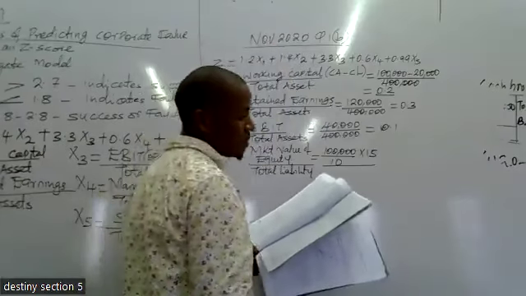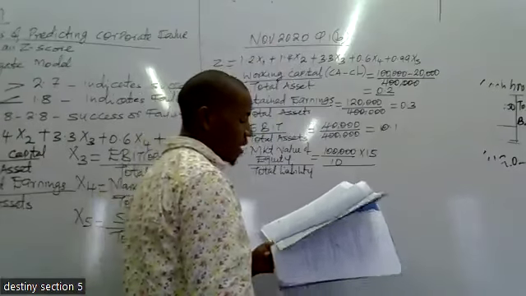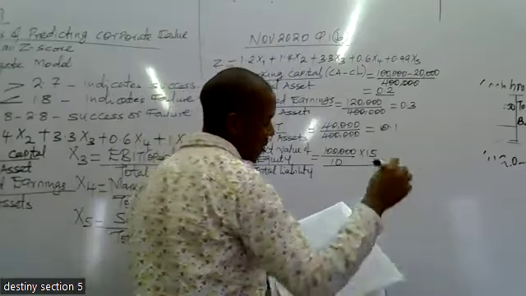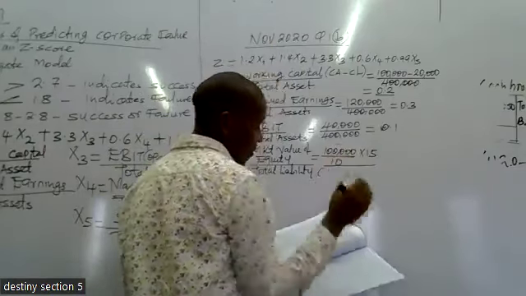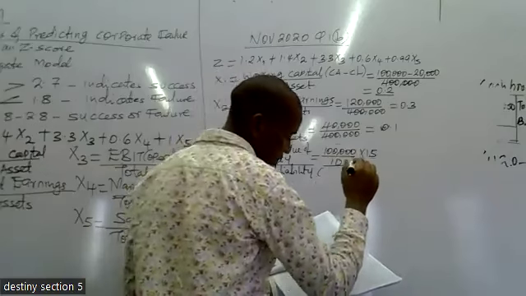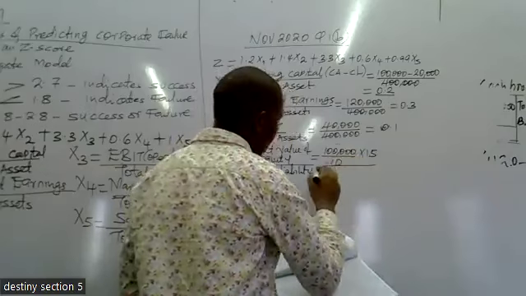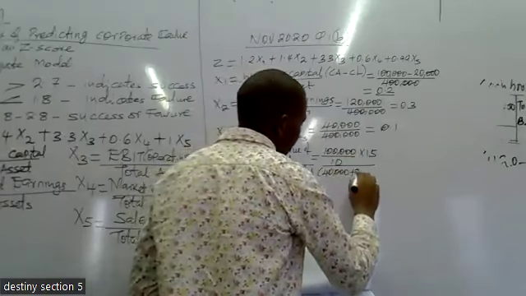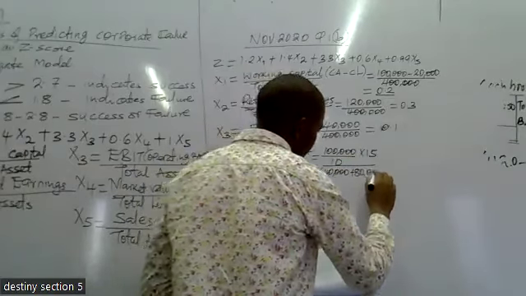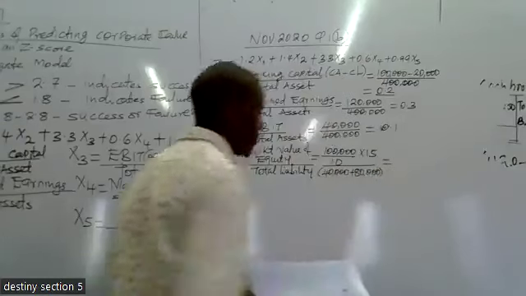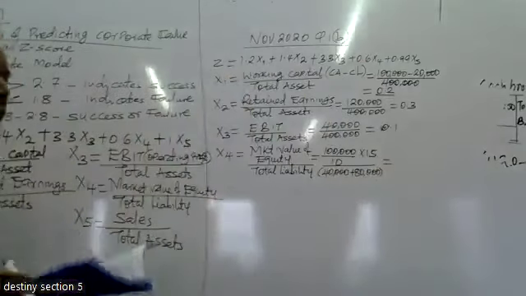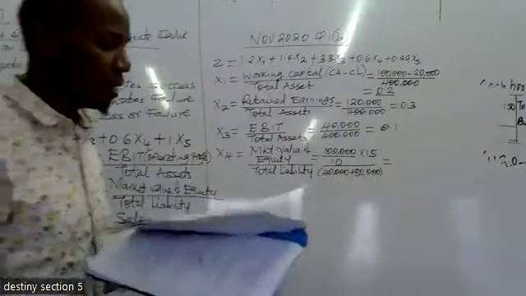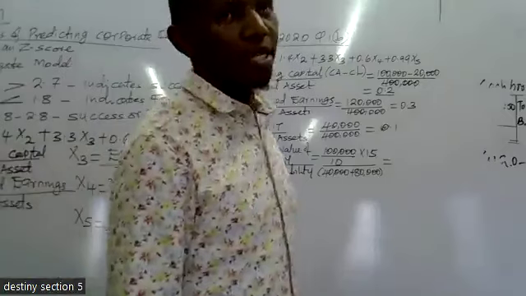Then you divide by total liability. Total liability, we've been told that it will include both the value of debt and preference share capital. So I just have the value of debt, which is 40, the preference shares, plus 80 for the debenture capital. Remember, on the formula they say including the preference share capital.